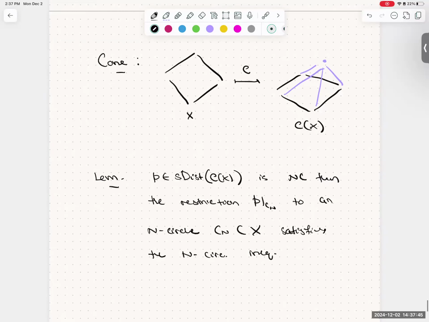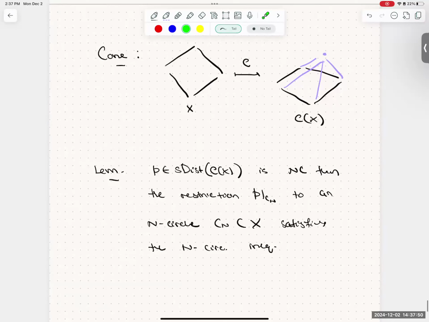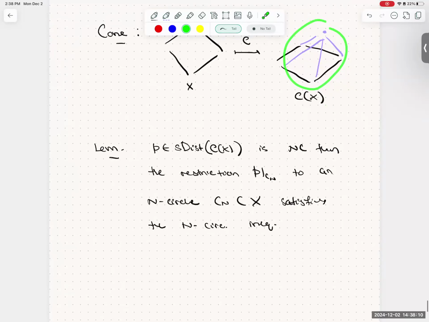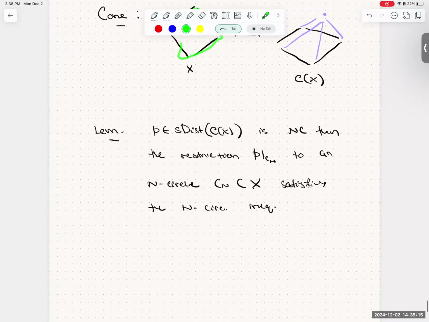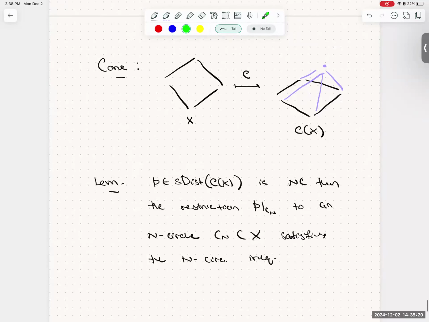So in particular, the canonical example is something like this. This is the CHSH scenario. So these triangles are filled in. If I have a distribution on this scenario, and you know that it's non-contextual, then the restriction to any n-circle on X will satisfy the corresponding n-circle inequality, which we know exactly what that is.